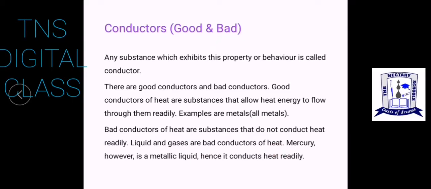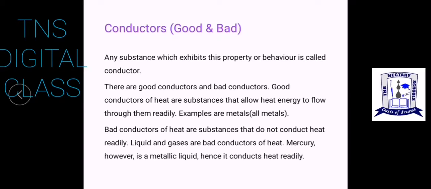So examples of bad conductors may be something like water or alcohol, which are liquids, or something like carbon dioxide, which is a gas. Examples of gases are carbon dioxide, oxygen, and so on. So generally speaking, bad conductors are liquids and gases. But we have an exception here.